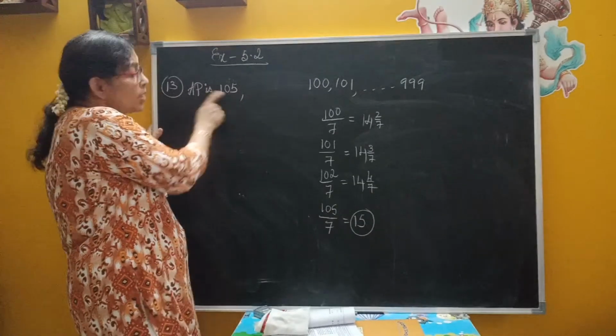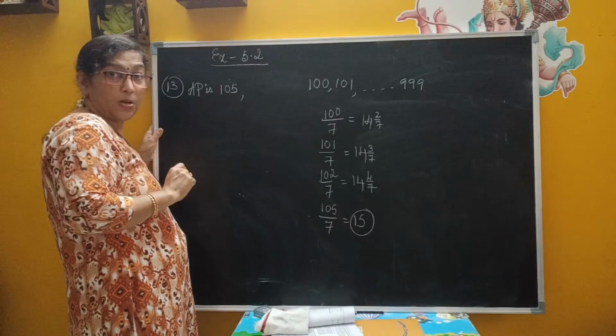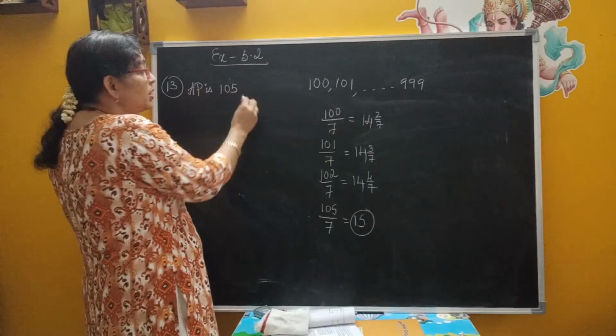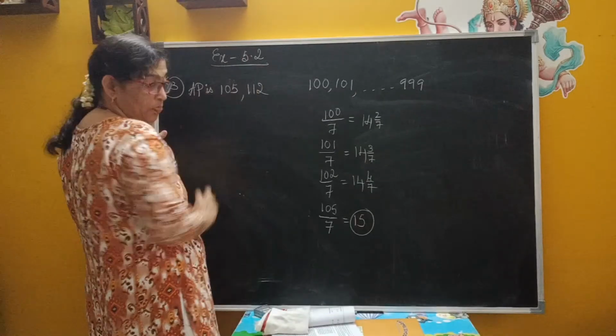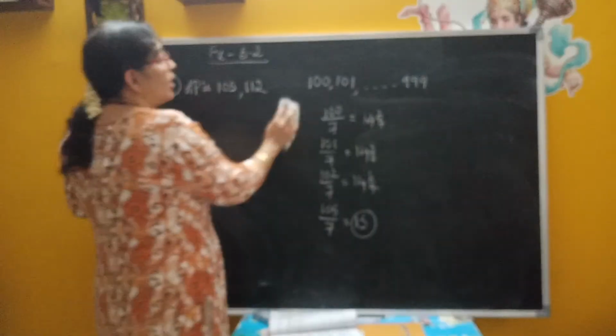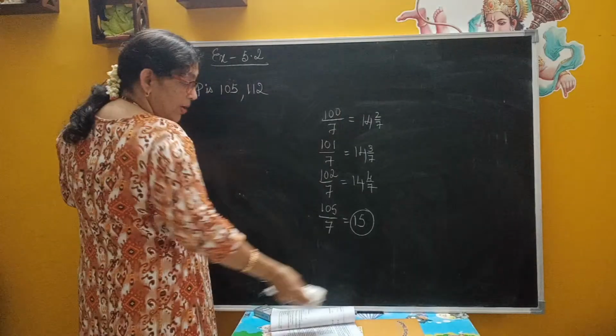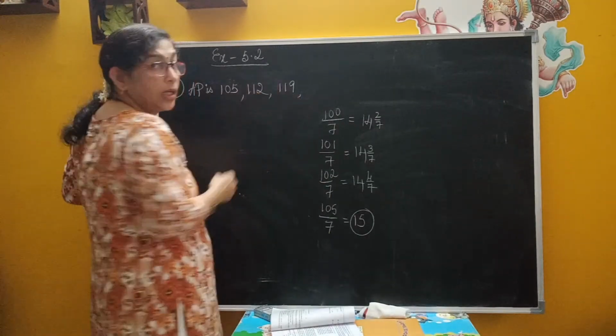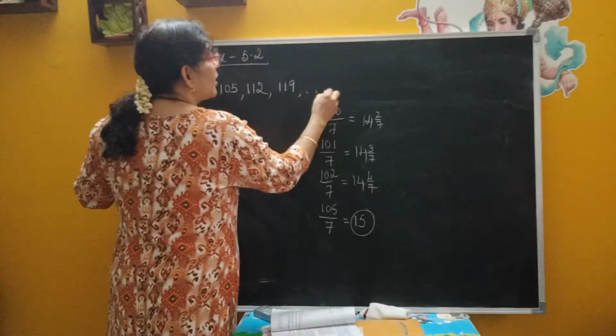Similarly, we got here 7 15s are 105. This is the first 3-digit number which is a multiple of 7. Then 105 plus 7 is 112. Next, 112 plus 7 is 119, etc.